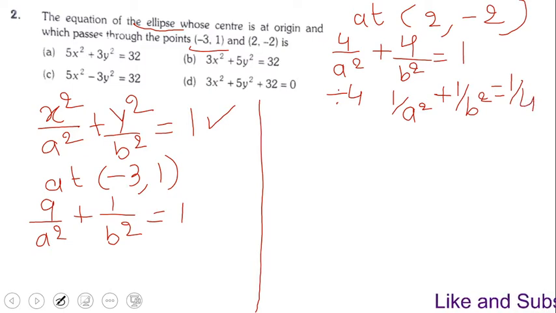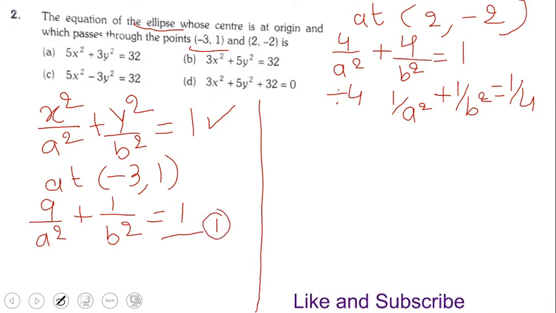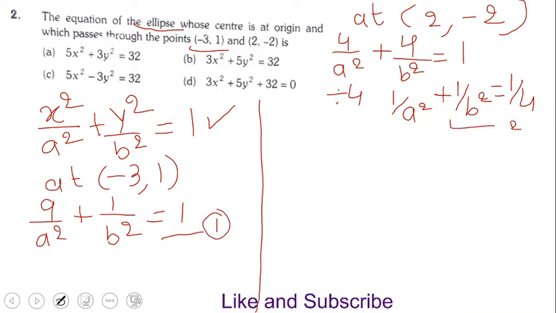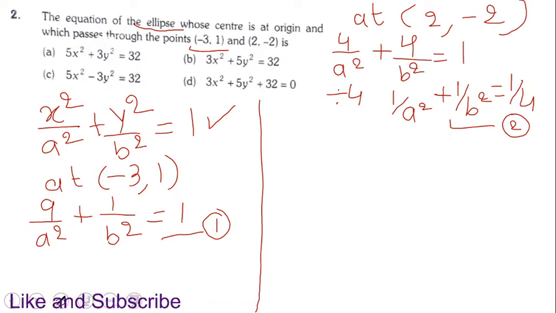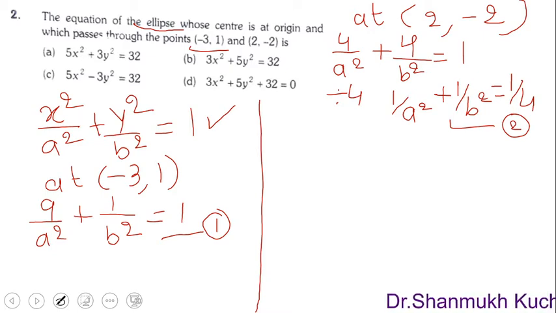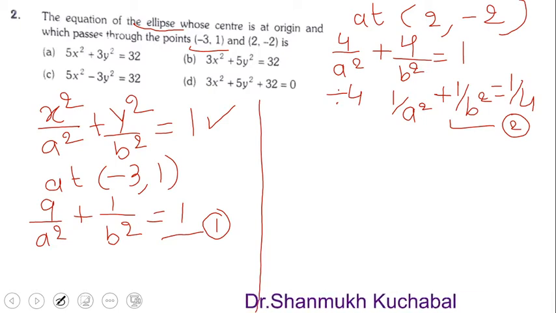So we have to solve these two equations. I call the first equation 1 and the second equation 2. From equation 1 we write a solution for 1 by b square: 1 by b square equals 1 minus 9 by a square. Similarly, from equation 2 we get 1 by b square equals 1 by 4 minus 1 by a square.